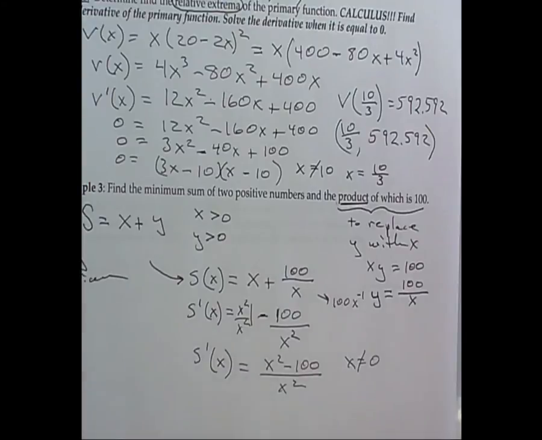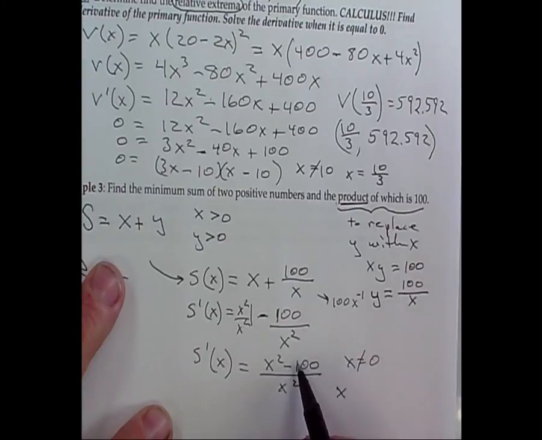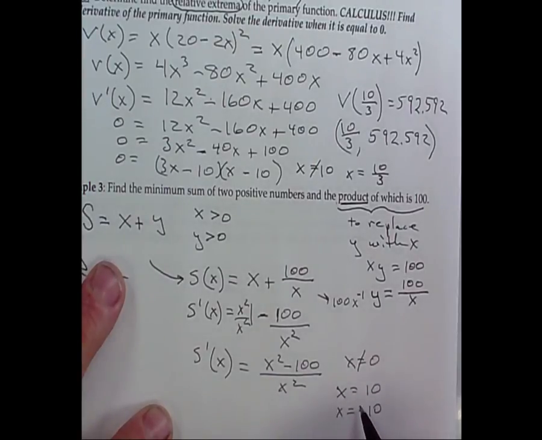Is everybody following that? Alrighty. So Landry, what am I going to make 0 next? X is equal to negative 10 and positive 10. Ooh, you just solved that in your head. Positive 10, negative 10, correct? And x can't be equal to negative 10, so x is equal to 10.